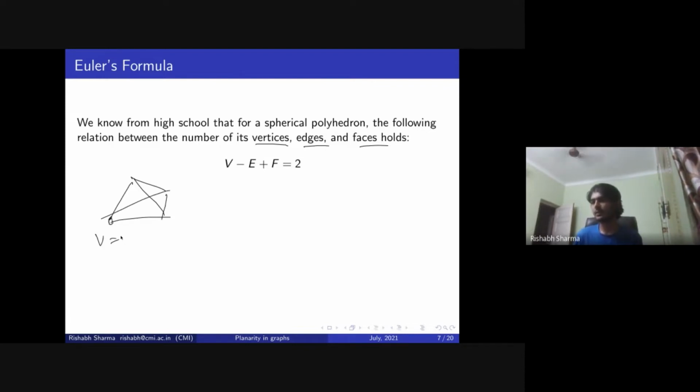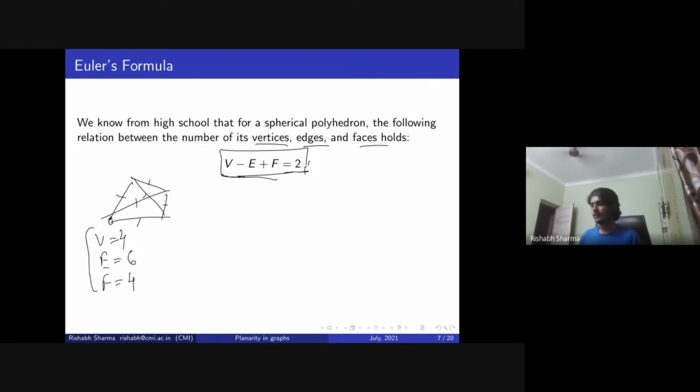It has 4 vertices, 6 edges, 1, 2, 3, 4, 5, 6, and 4 faces. And this satisfies the relation. Euler said that this relation is special and holds for all polyhedra of a specific type, which he called spherical polyhedra. This is a special relation for spherical polyhedra, which we have seen in school someday.